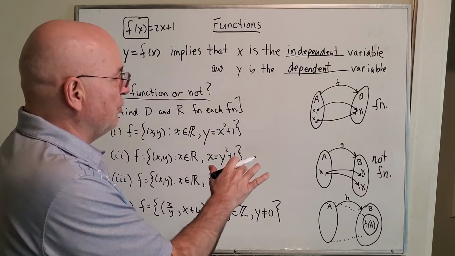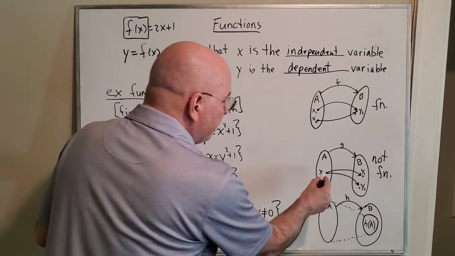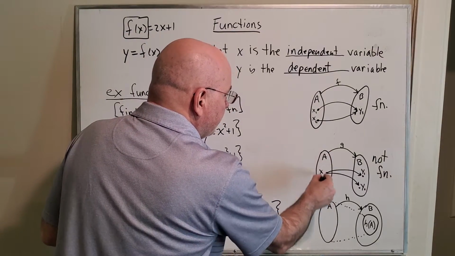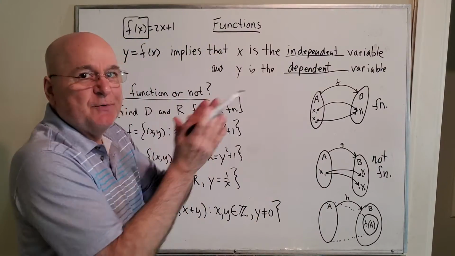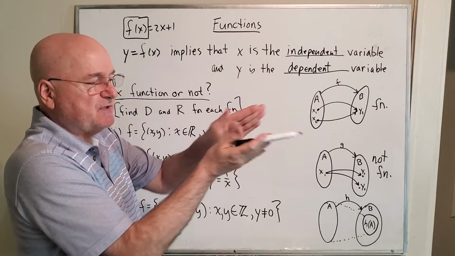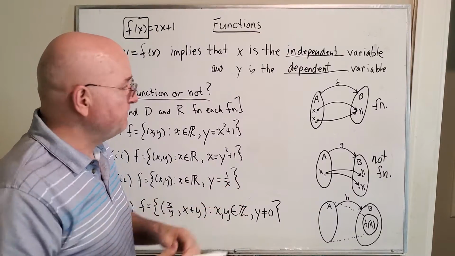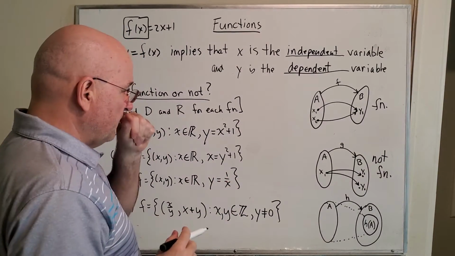So pictorially, if you ever have an element of A that has two arrows coming out of it, meaning it's getting mapped to two different numbers or more, then it's not a function.